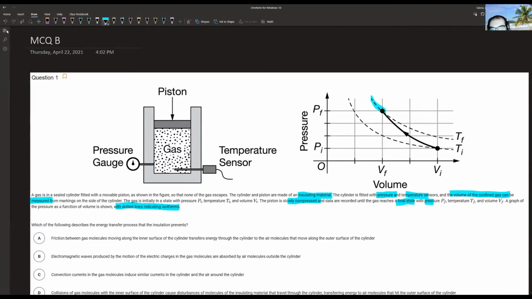So here we have an isotherm. Here we have an isotherm, and we may be trying to remember, well, what does that mean? Well, an isotherm is a plot of constant temperature. And so the question reads, which of the following describes the energy transfer process that the insulation prevents?